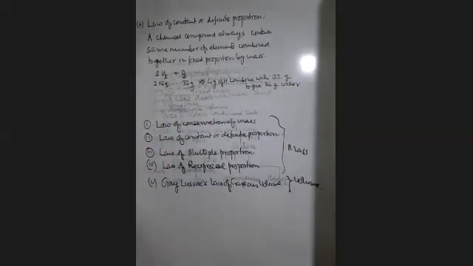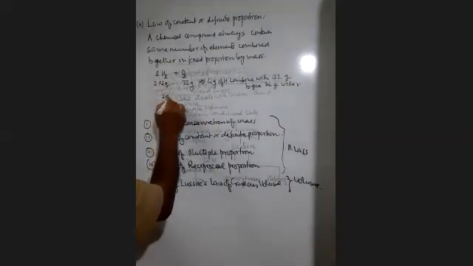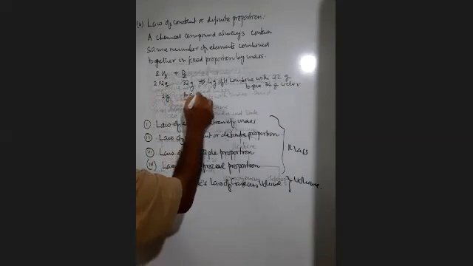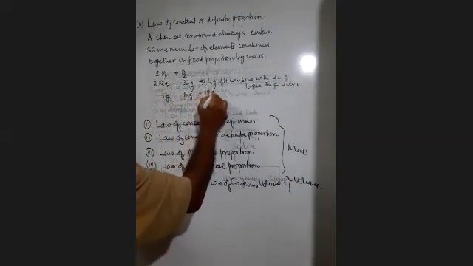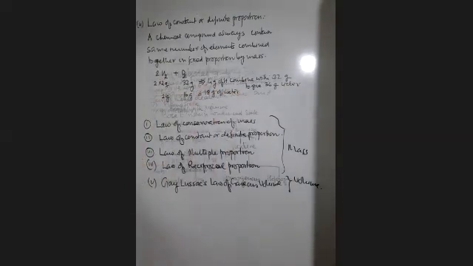Or I can write 2 gram of hydrogen with 16 gram of oxygen gives 18 gram of water. This is the ratio of 2:16. If you want to bring it further, 1 gram of hydrogen will combine with 8 gram of oxygen to give 9 gram of water.